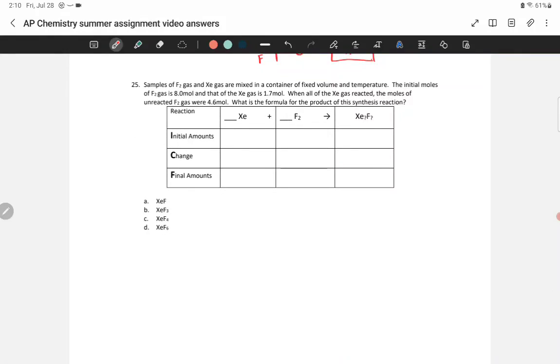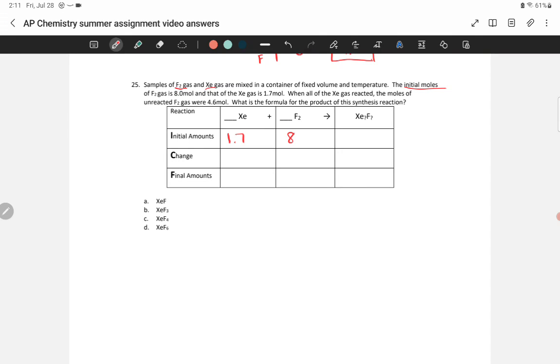25. This is very tricky too. Definitely AP style. So we have some Xe and F2 gases. Initial moles. Whoops. F2 was 8 and Xe was 1.7.